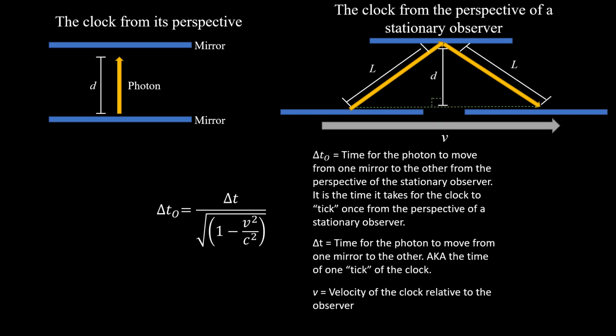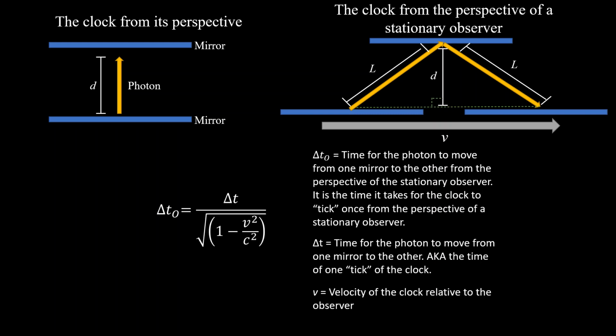One of the most important things to notice is that as v increases, the bottom of the fraction gets closer to 0. This increases the value of the whole fraction, which increases the amount of time the clock takes to tick as observed by the non-moving observer. This means that as the relative velocity between the clock and the observer increases, the clock appears to tick more slowly.